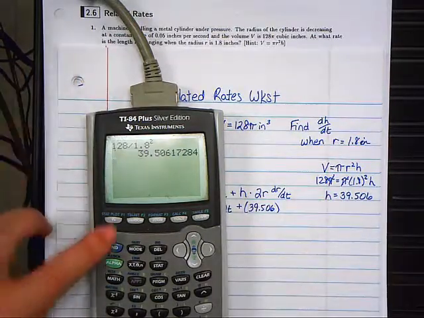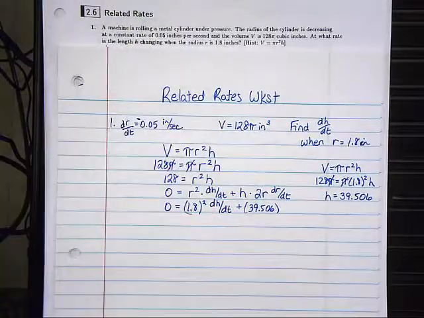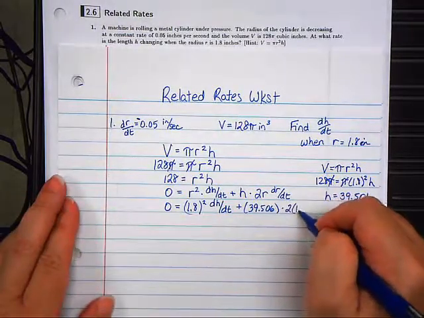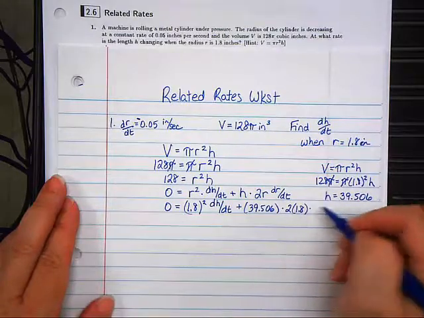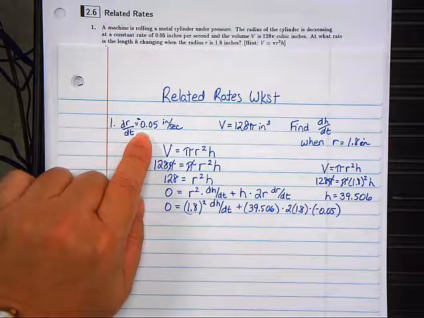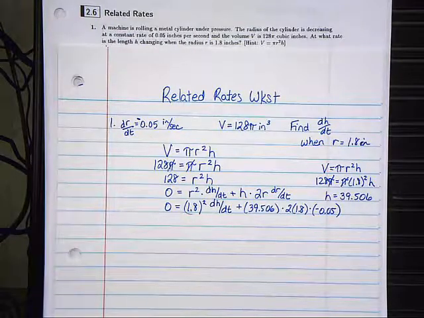So that's what's going to go right here, 39.506 times 2r, r is 1.8 again, and dr dt is my negative 0.05. Now I've gotten rid of everything except the variable I'm looking for.